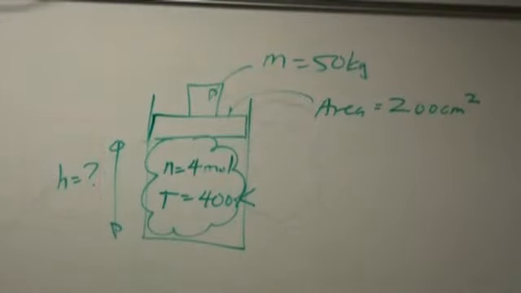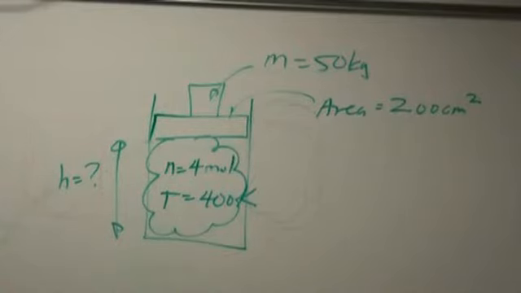I want you to find out what's the pressure inside the gas. The temperature is 400 Kelvin, the number of moles is 4, the height of the cylinder is unknown, the area of the top of the piston is 200 centimeters squared, and the mass sat on top is 50 kilograms. I want to know what's the pressure.